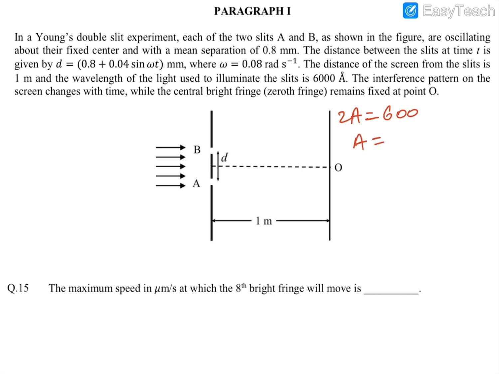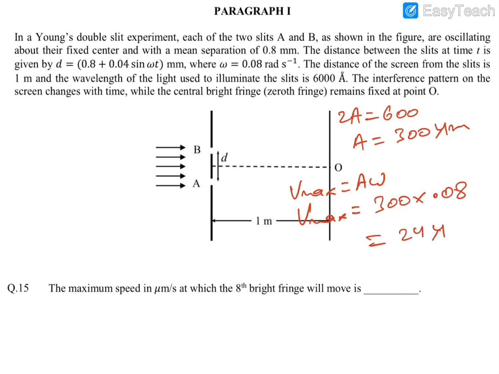Therefore A is 300 micrometer, and we know that v max is A omega. So v max will be 300 into omega, 0.08, so it would be equal to 24 micrometer per second. So the correct answer is 24. Now we move on to the next question.